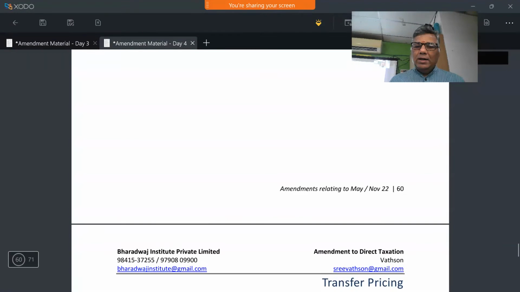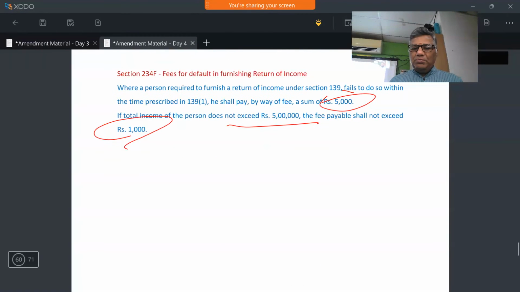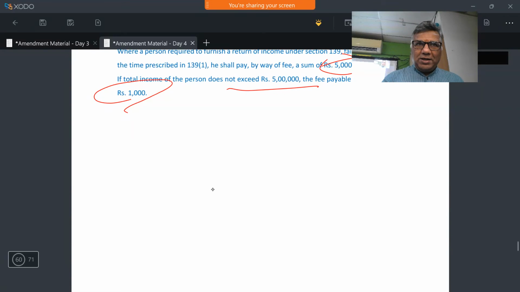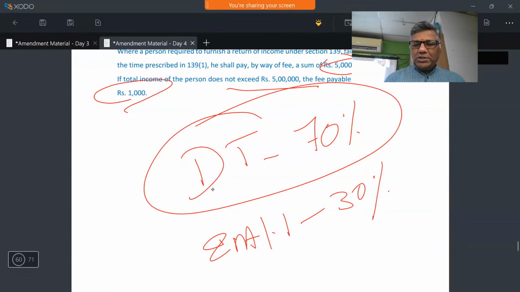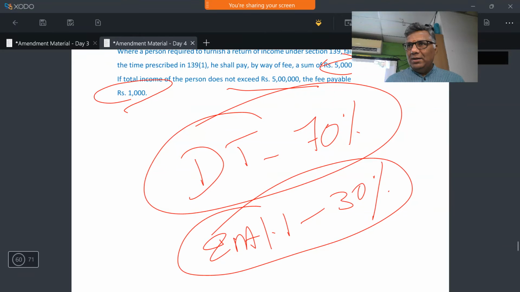These are all the amendments with regard to domestic. The DT part, which is 70%. International taxation has the lowest level of amendment, but there are two bigger amendments which need to be understood in detail.